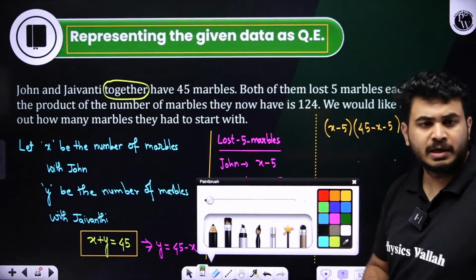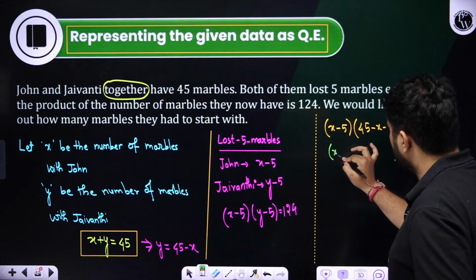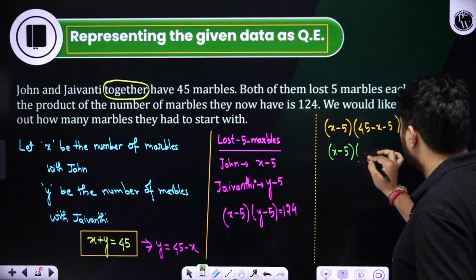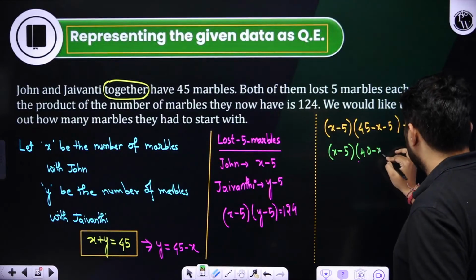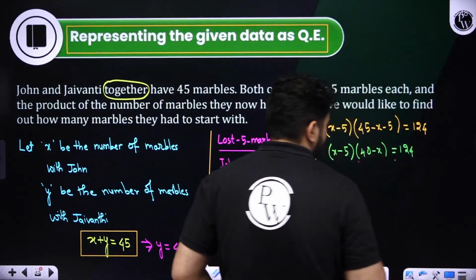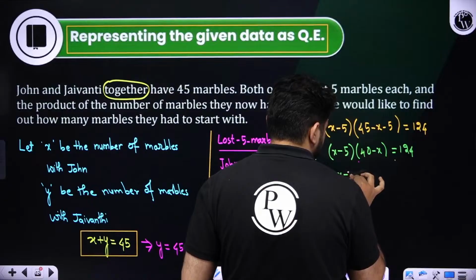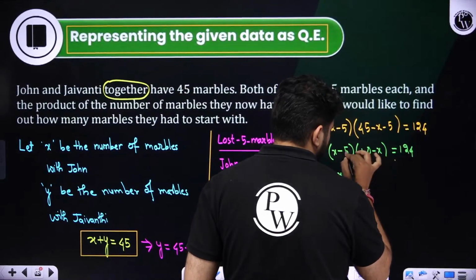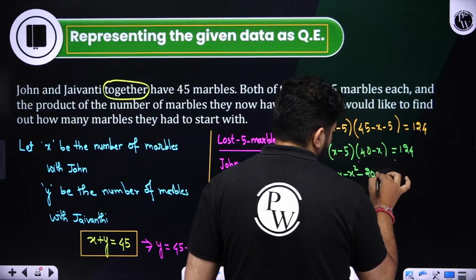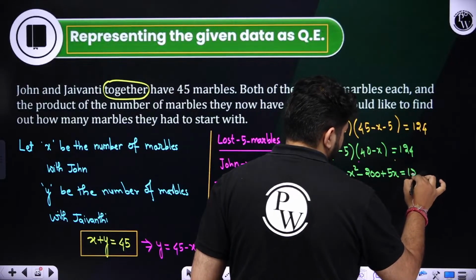Clear to everyone? Next, from here it is x minus 5 multiplied by 40 minus x is equals to 124. Simply multiply this: 40x minus x square minus 200 plus 5x is equals to 124.